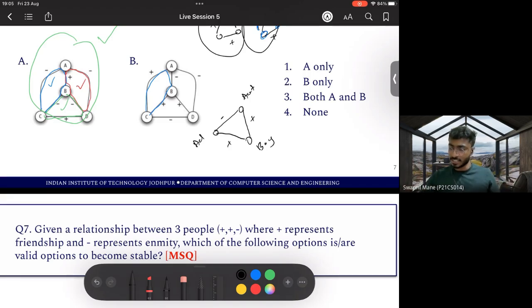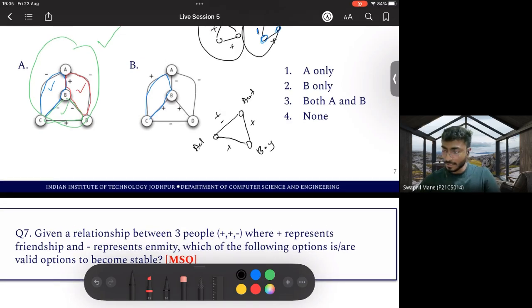So this static relationship is not stable. Over a period of time, if the relationships change and this becomes positive, then the relationship will be consistent and healthy. That's why this static relationship is not stable, right?